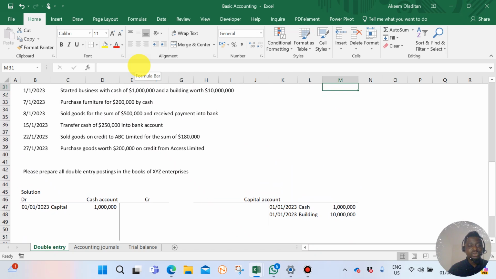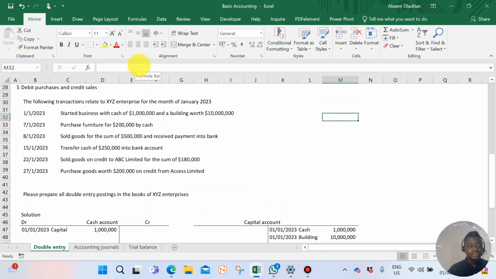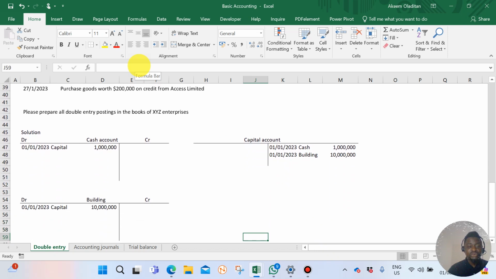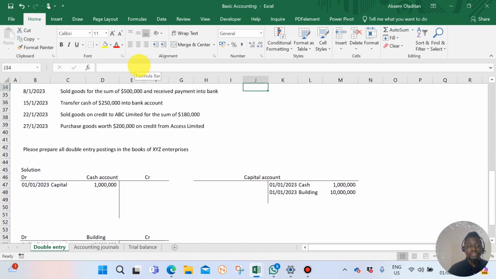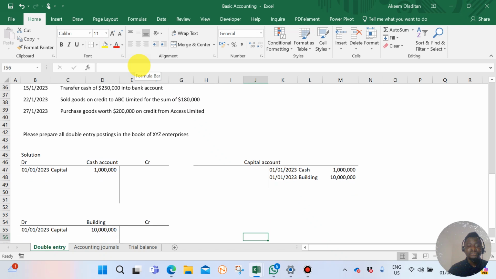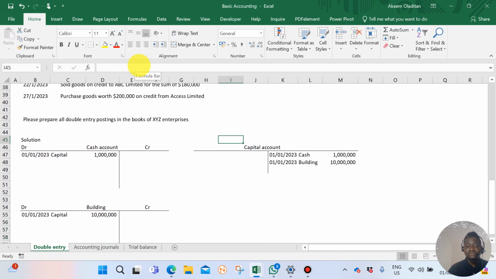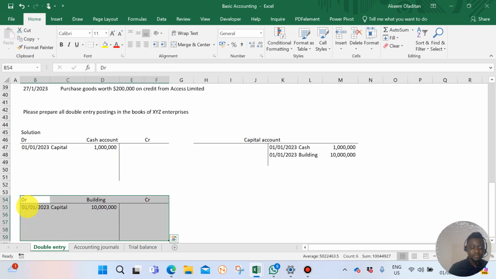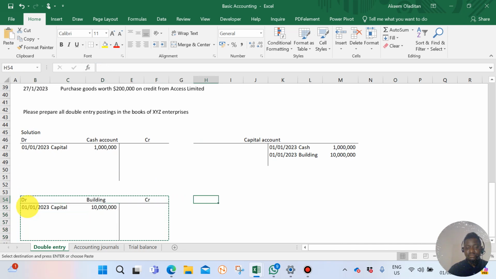The next one is purchase furniture for $200,000. They said okay, by cash. When we purchase furniture, there has to be a furniture account, so I have to copy this again to make life easy for myself.